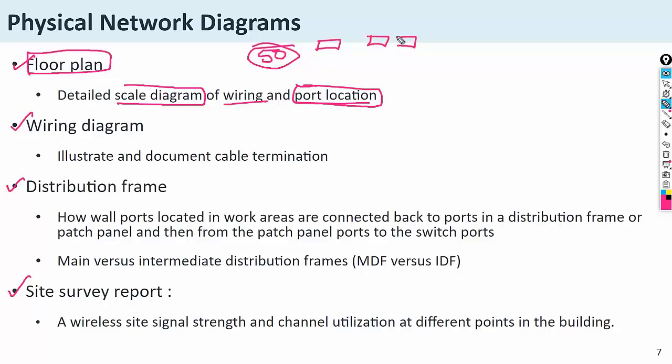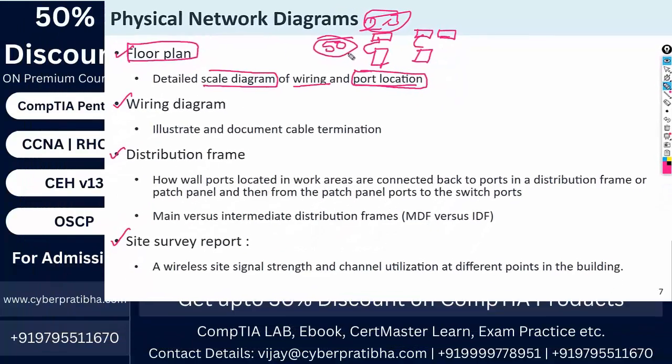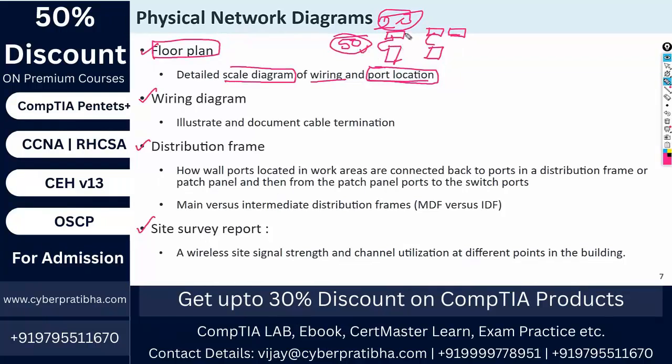You establish the system and directly connect it to the port. Minimum you will use 50, and also 2 or 3 alternates. If one port is not working, you can use another port, right? So this is called the floor plan.